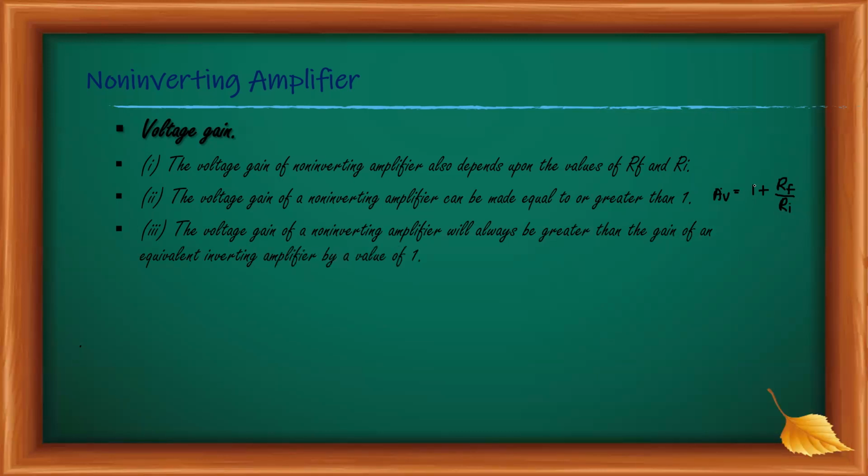Then the next part, the voltage gain of a non-inverting amplifier will always be greater than the gain of an equivalent inverting amplifier by a value of 1.